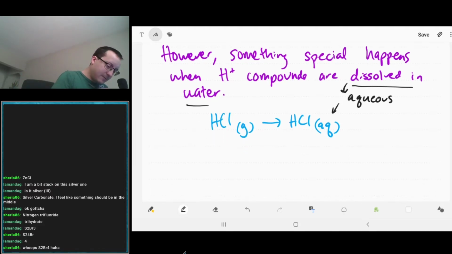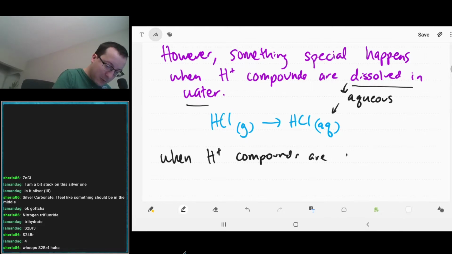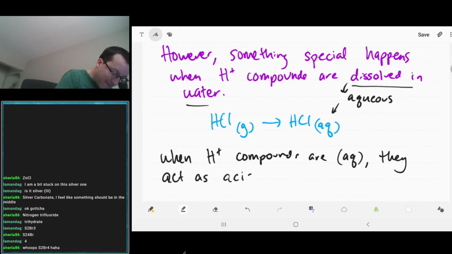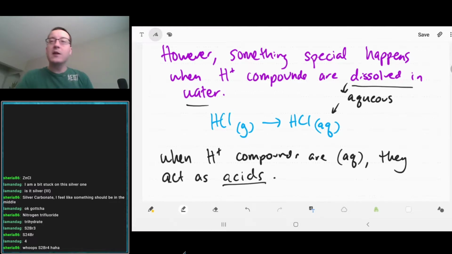And we see when these H plus compounds are aqueous, they act as acids. We're going to learn about acids quite a bit later in the semester, but we are going to learn how to name acids right now.